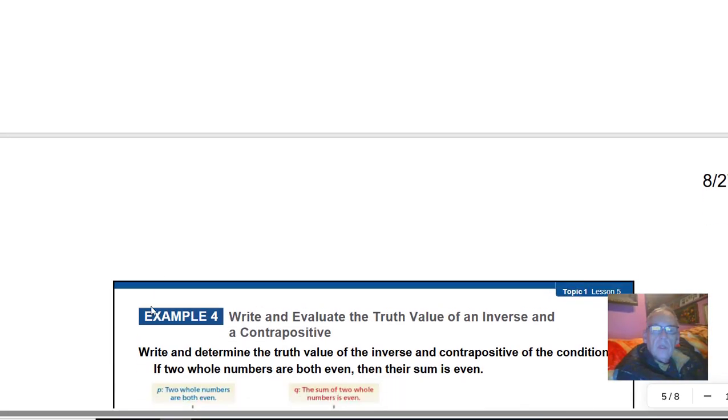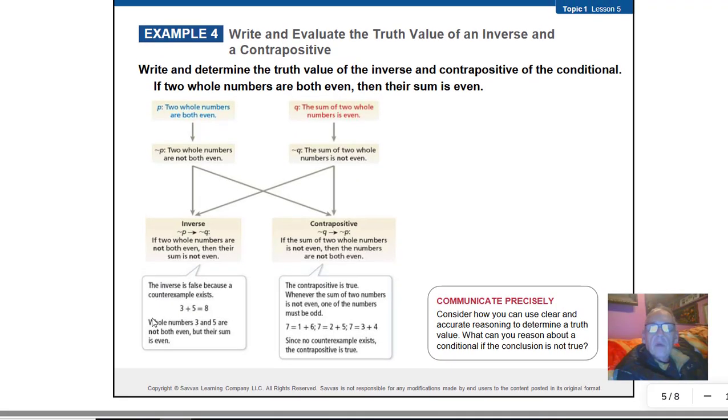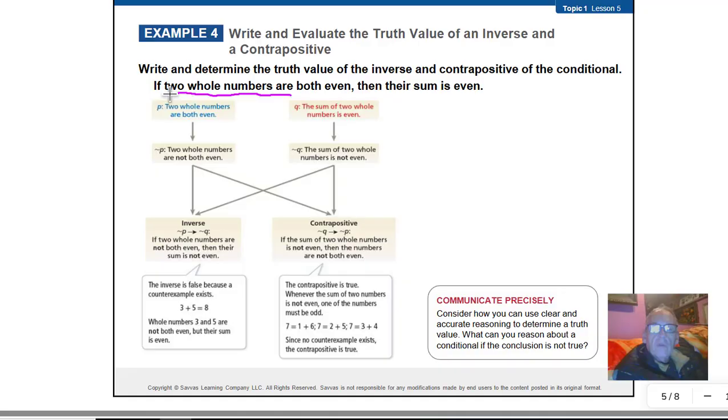Let's look at example 4. Write and evaluate the truth value of an inverse and a contrapositive. Okay, if two whole numbers are both even, then their sum is even. So the hypothesis: if two numbers are both even. The conclusion: then their sum is even.